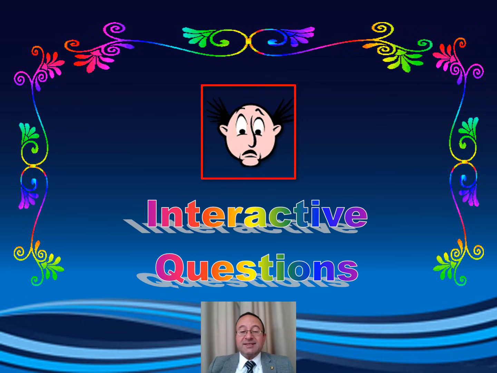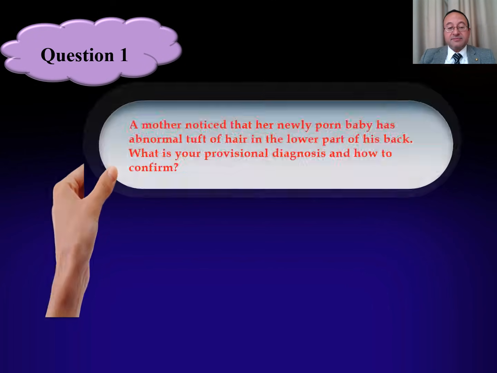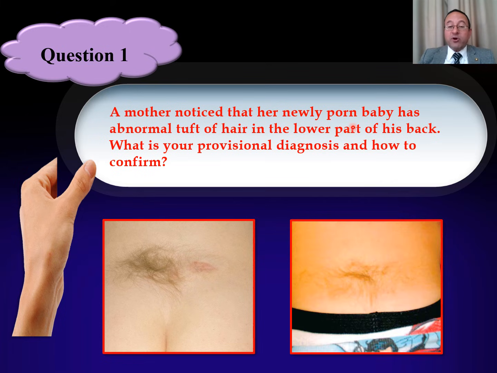Now we have reached the interactive questions. I have prepared two clinical problems. First one: a mother noticed that her newly born baby has an abnormal tuft of hair in the lower part of his back.